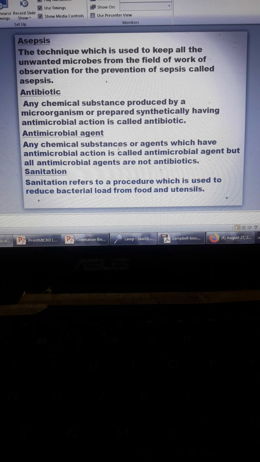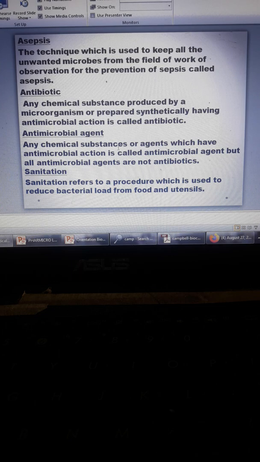A chemical substance or agent which has antimicrobial action is called an antimicrobial agent, but antimicrobial agents are not all antibiotics. Usually antimicrobials are not only against bacteria but include fungi and other microorganisms. That is the antimicrobial property.